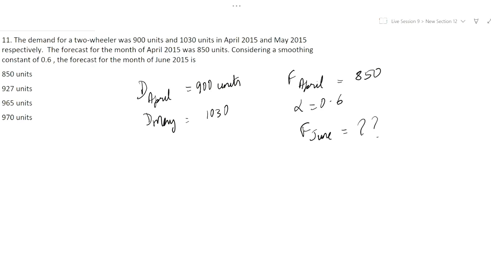So here, first you will find the forecast for May, then you will find the forecast for June. The forecast for May will be the forecast of April plus alpha into the demand of April minus the forecast of April.